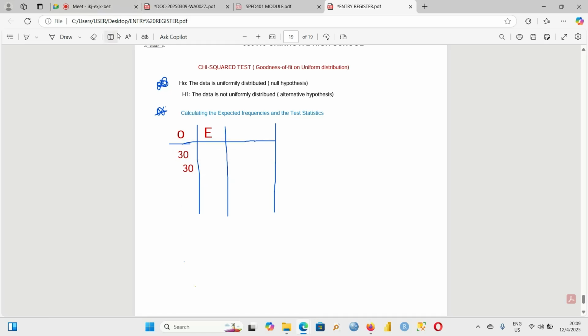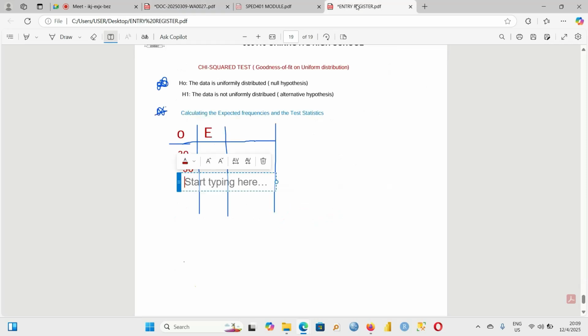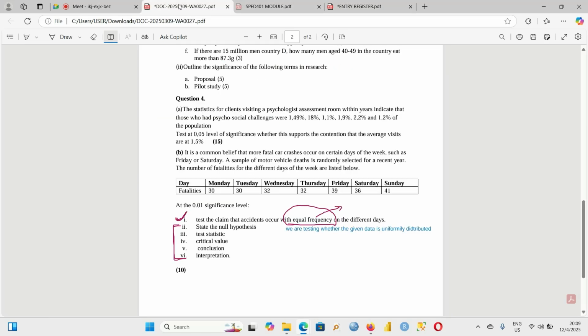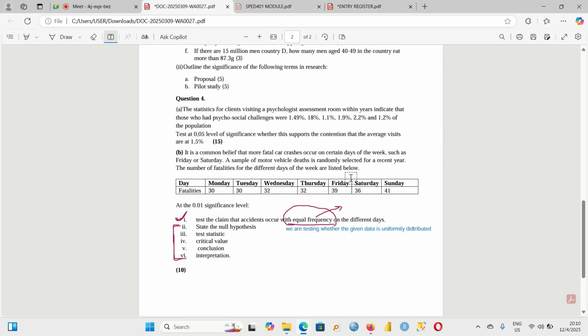And on Wednesday, what is the observed frequency? 32. Then 39, 36, and lastly 41.